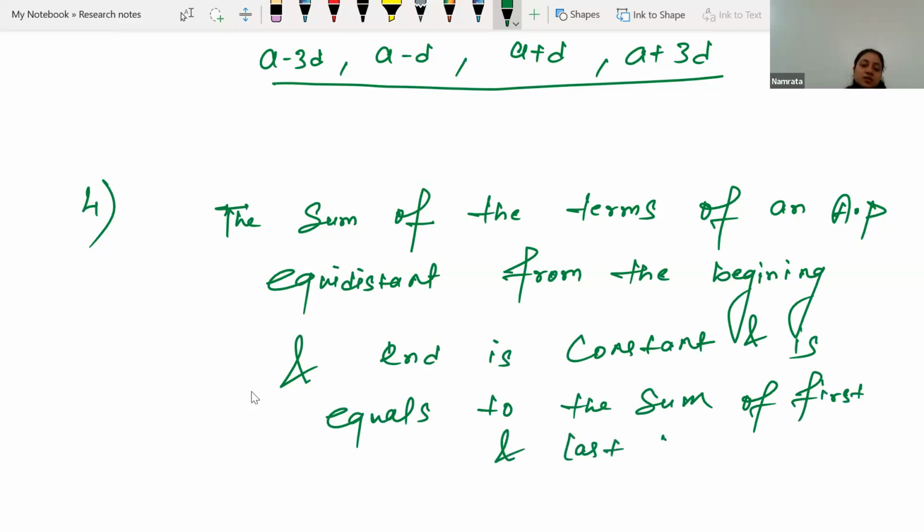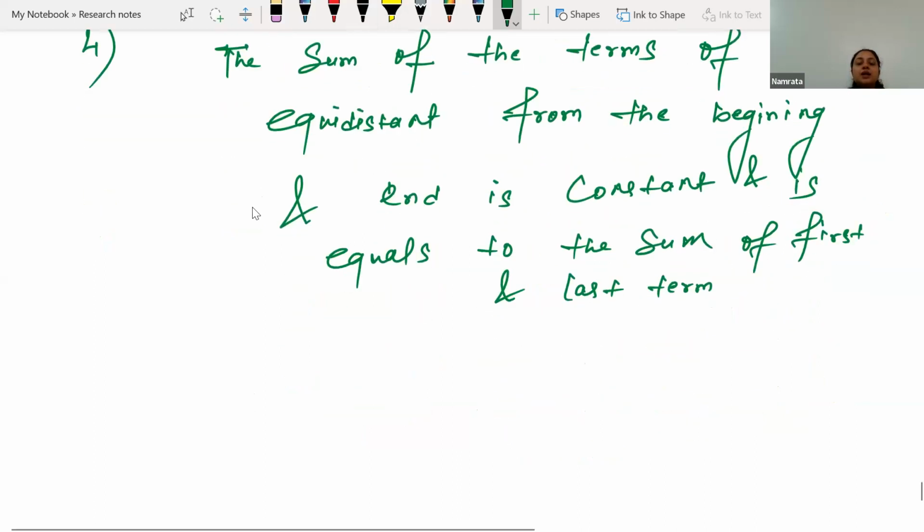Let's understand what exactly it's saying. It says that the sum of terms of an AP equidistant from the beginning and the end is constant. And that is equal to the sum of first and last term.